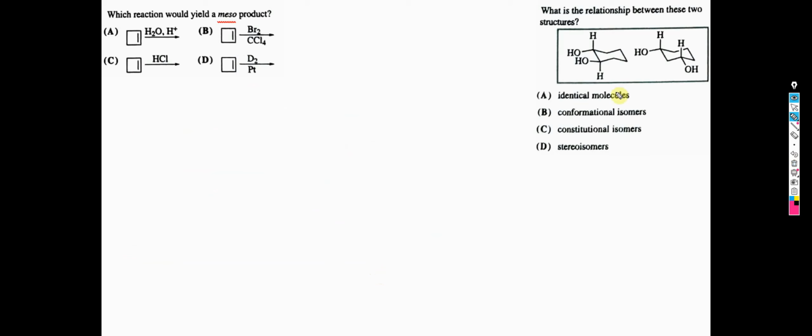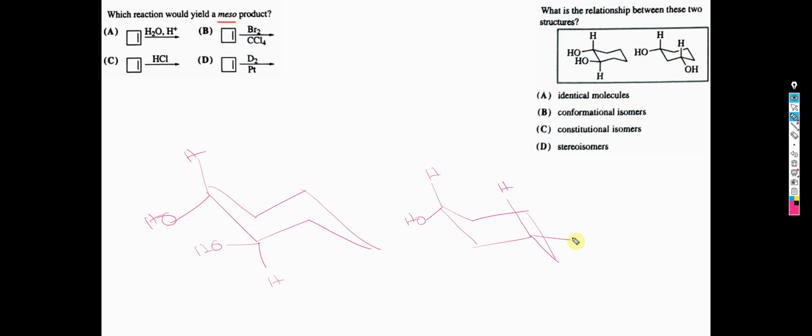So what is the relationship between these two structures? Let's draw them. You have a hydrogen here and an OH here.